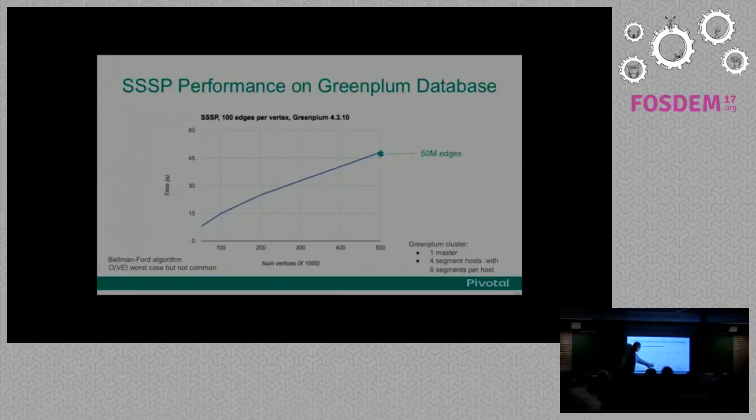This is the number of vertices here, going up to 500,000 vertices. This is the run time, about 45 seconds. This was a fixed 100 edges per vertex, running in a relatively recent release of Greenplum, 4.3.10. So that at the end there corresponds to 50 million edges.